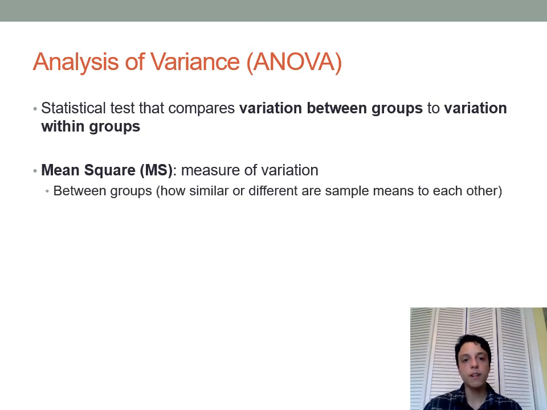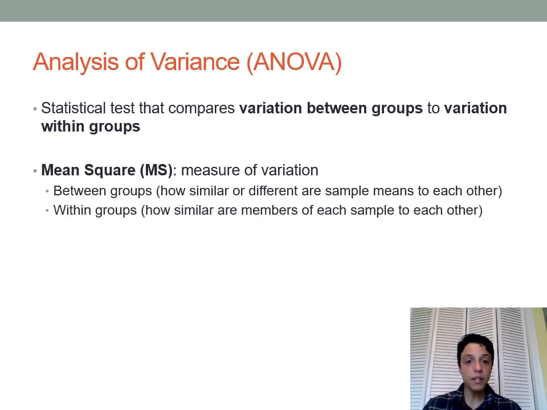But there's two types of mean square variation. One we refer to as mean square between groups, which is a measure of how similar or different the sample means are to each other. So if you're sampling from three populations, you're going to have three different sample means, and we're going to see how similar or different those sample means are.